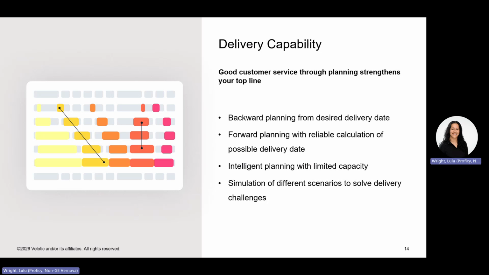Regarding main capabilities that we wanted to highlight today, delivery is one of them. So being able to meet your due dates. Like I mentioned a little bit ago, backward and forward planning are available, and the simulations of being able to simulate different scenarios to address different delivery challenges.